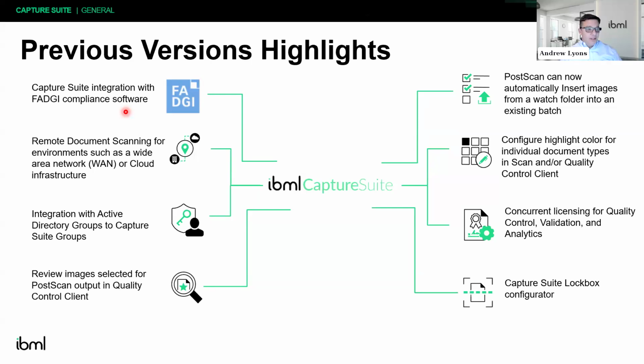We see a good bit of this domestically, but we are seeing a transition internationally as well for this type of offering. It uses a third-party verification software and a test target to ensure quality of the scanning device. Our Capture Suite software fully integrates with this third-party application so the operators don't ever have to leave Capture Suite, and it's fully auditable, and it supports other TWAIN devices that might be FAJI compliant.